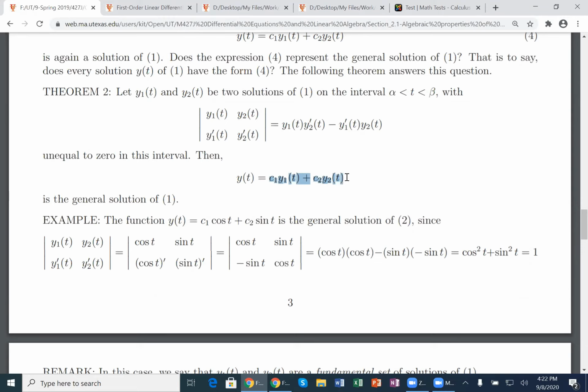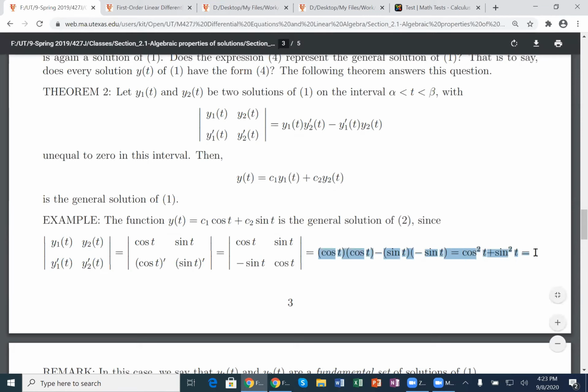And we knew it did because whenever we did the 2 by 2, it did not equal 0? Exactly. By theorem 2, we know that these two functions are a fundamental set of solutions, meaning this is the general solution because the Wronskian, after all simplifications, is not equal to 0.